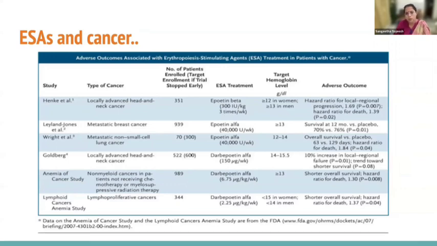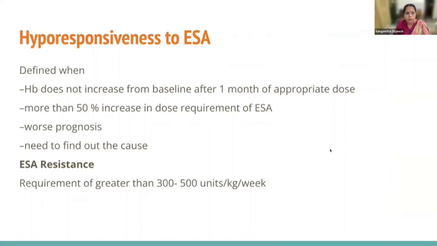And mainly it was epoetin beta and darbepoetin alpha, the first and second generation erythropoietins. You can see the target hemoglobin was always at a higher level, like more than 13, or 14 to 15.5, 12 to 14, etc. And the adverse outcomes were more. So these are some of the studies by which we had to stop. And these are not the only studies by which we had to stop it. Then we'll see that later.